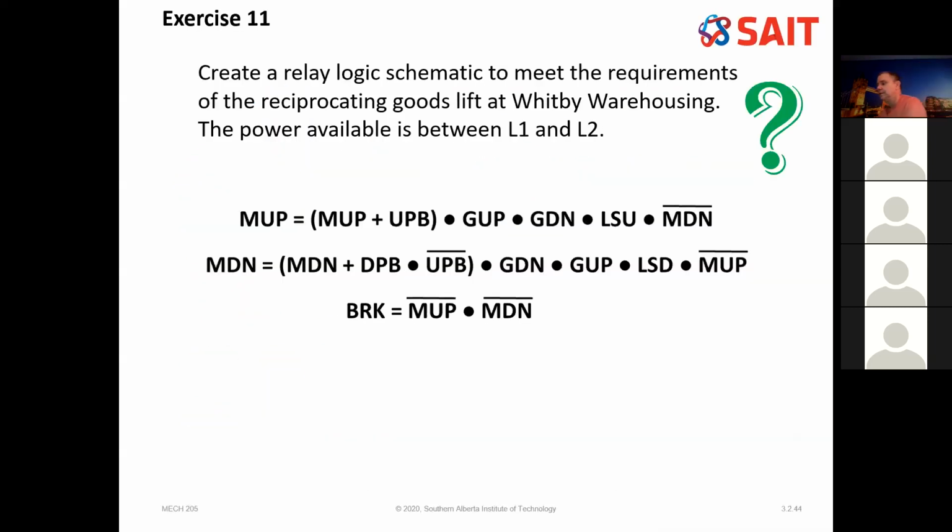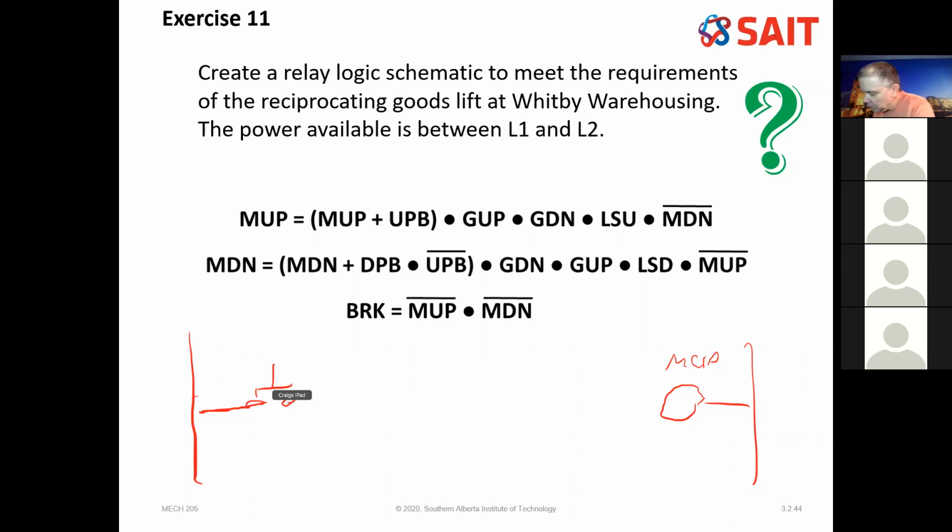So for instance, I'm going to do it right here on my little screen. Once I have the Boolean expression, it's very easy to do the ladder diagram. Let's start with the top one, motor up. So there's my motor up right there. And motor up equals the up push button, or motor up, and the gate up.